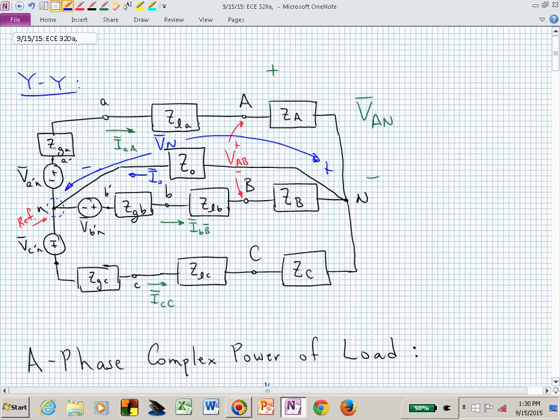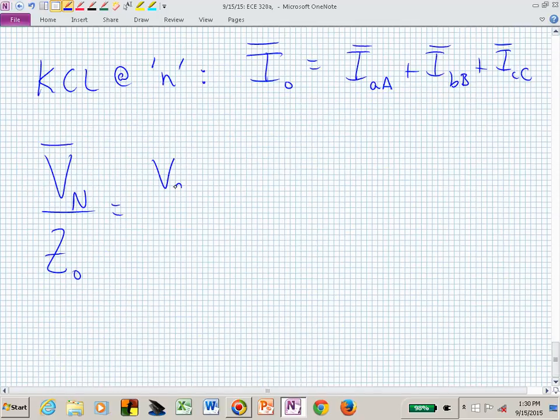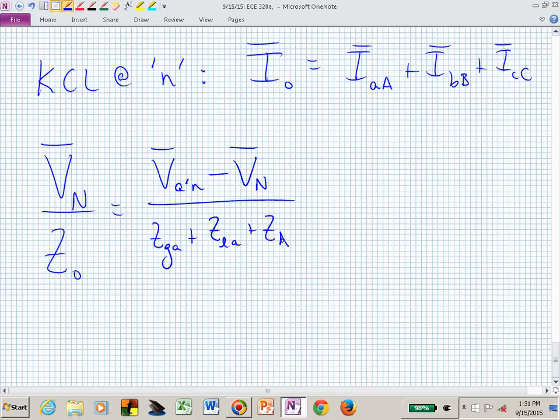Do you see that? The voltage dropped across those three impedances is V sub A prime N minus V sub N, and the impedances are our generator impedance, our transmission line impedance, and our A-phase impedance.